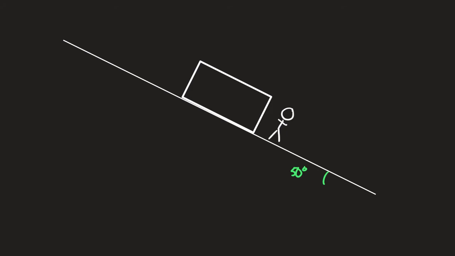The box is accelerating up the ramp with an acceleration of 2 meters per second squared. So they're pushing on the box and it's accelerating.